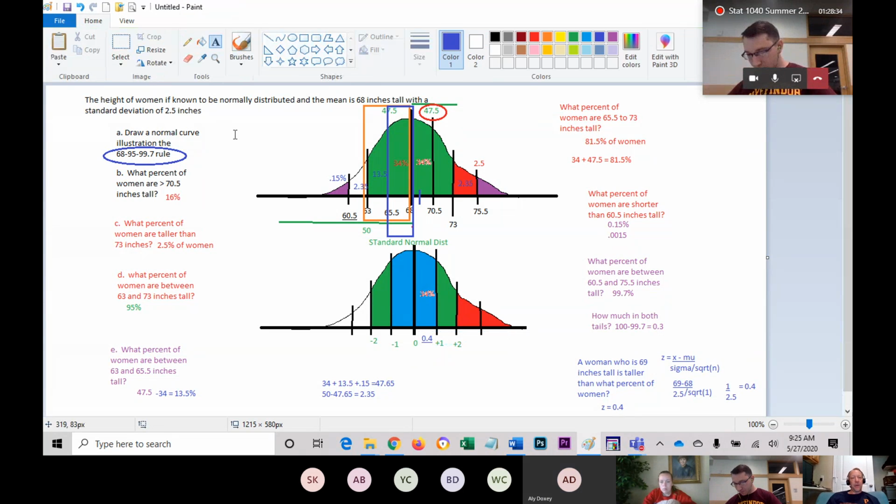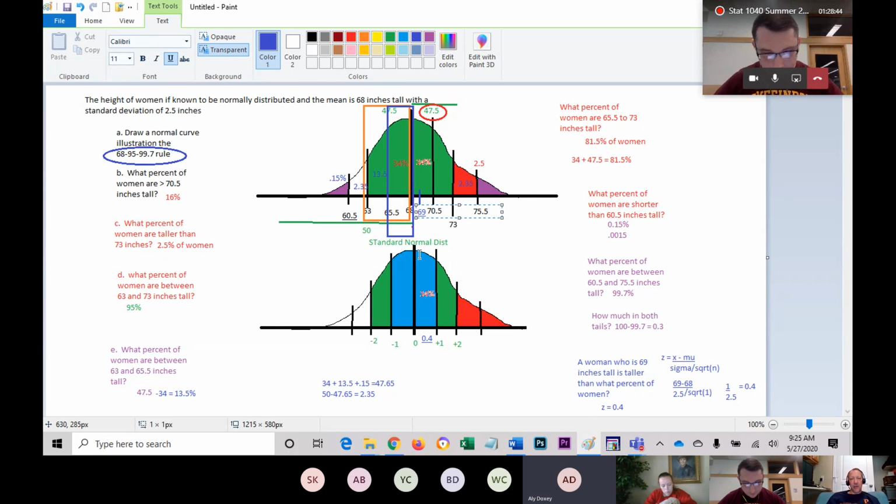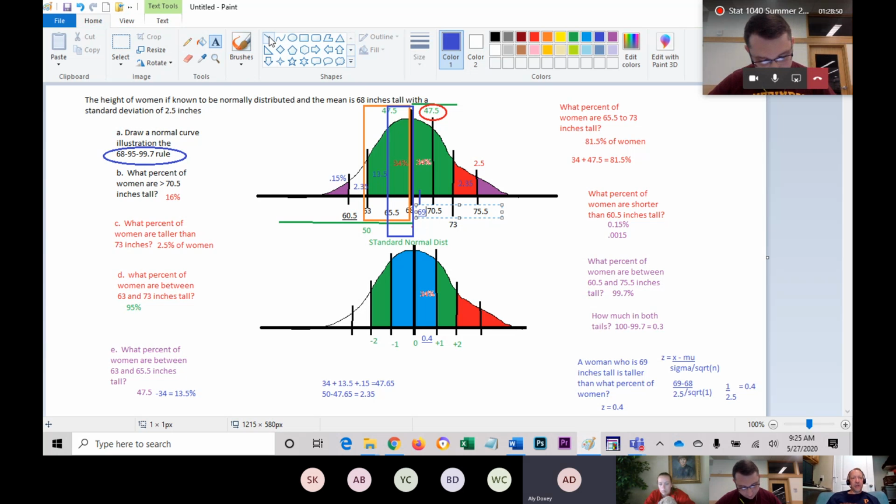So if I were to draw that on my normal curve, we've just converted this number 69 to a standard normal, and so that number corresponds to 0.4 standard deviations away.